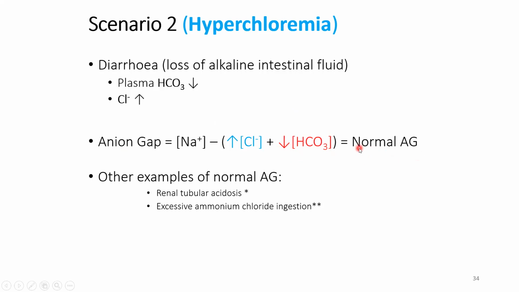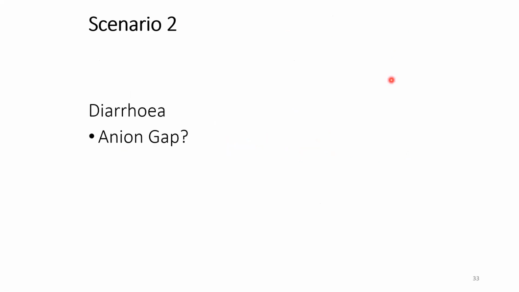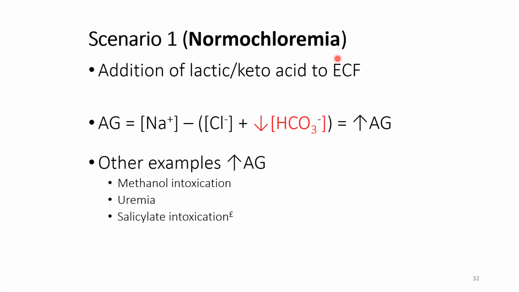Voila, the anion gap comes out to be normal. And that's why we call it hyperchloremic metabolic acidosis, as opposed to normochloremic metabolic acidosis.